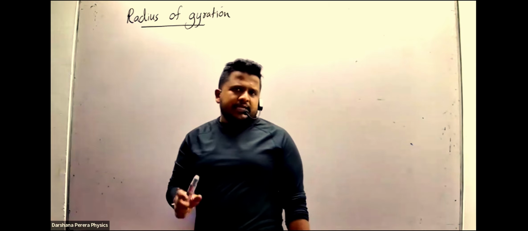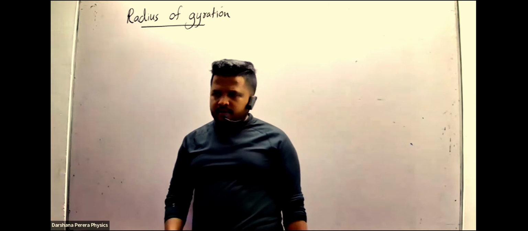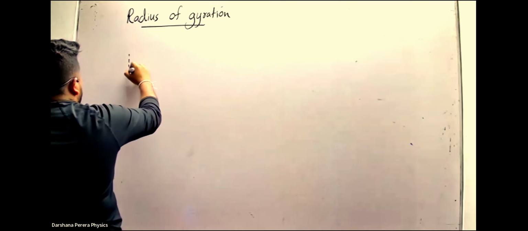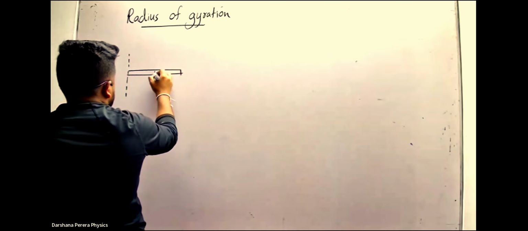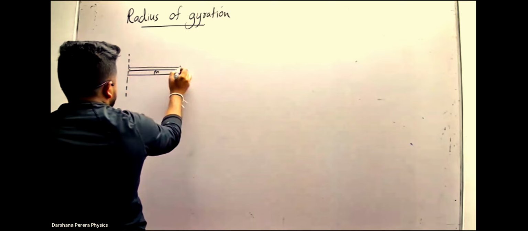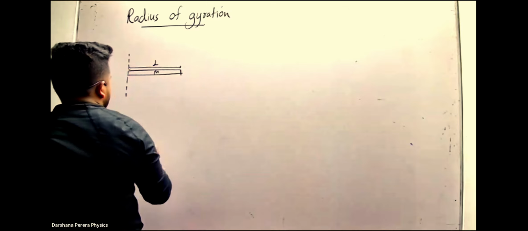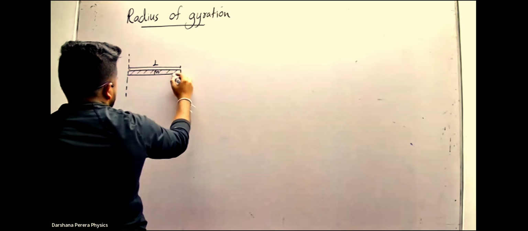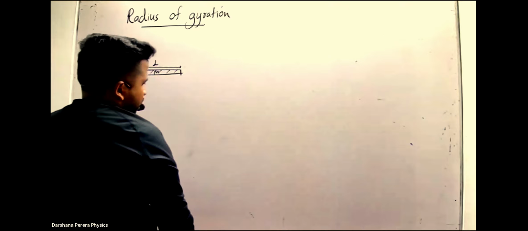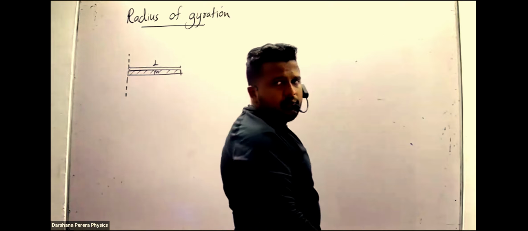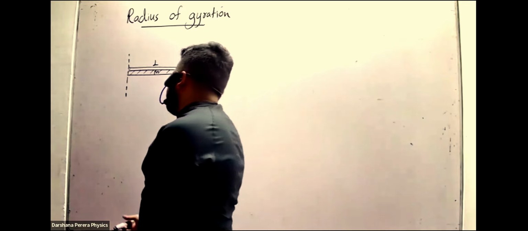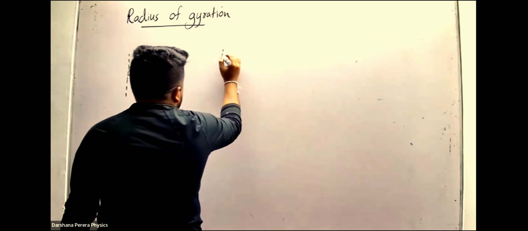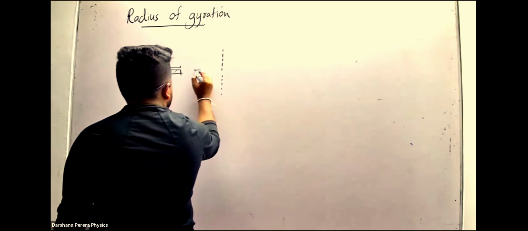When we take an object, let's consider like this. We know the moment of inertia of the rod with the axis passing through the end of the rod, right? ml square over 3. When we take any object, we can simply say it is a distribution.